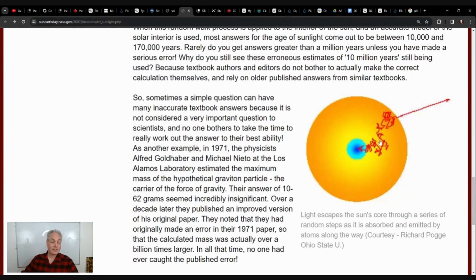Some of this energy and light rays will be absorbed by the atoms and the matter here, and at some point, if they're lucky, the light ray will be able to reach the surface and then come to us. So not all the energy or all the light coming from the sun actually comes to our eyes. When you look at the sun, it is true that some of the light rays are about 8 minutes old.